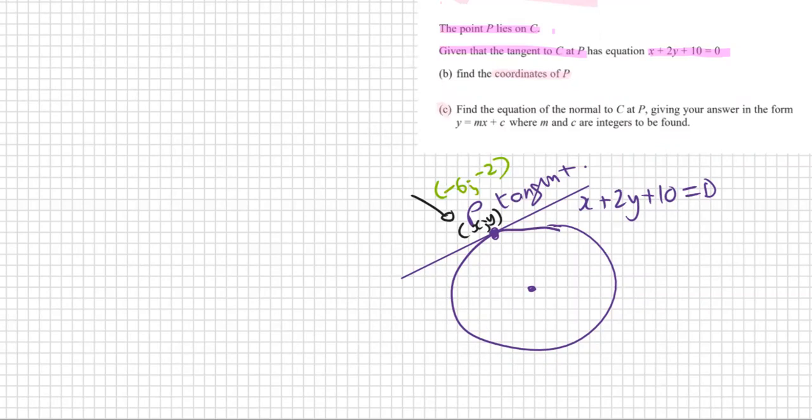Number C, last question. Find the equation of the normal to C at point P and give your answer in the straight line form, y equals mx plus c. Okay, so what do we know about the normal to the curve? Well, this is a tangent to the curve that we have drawn here.